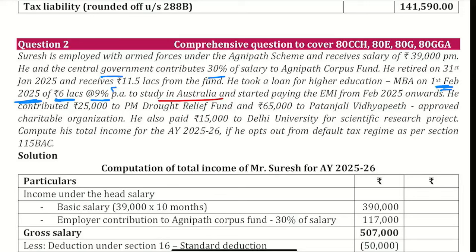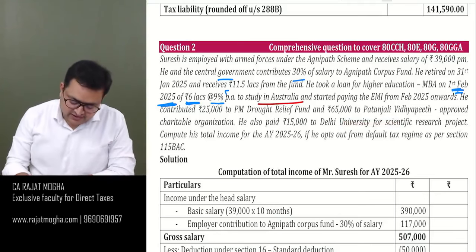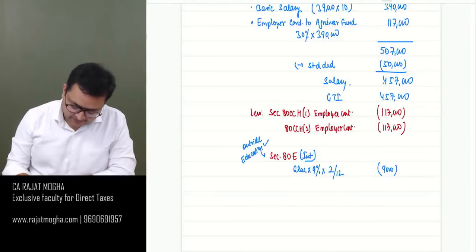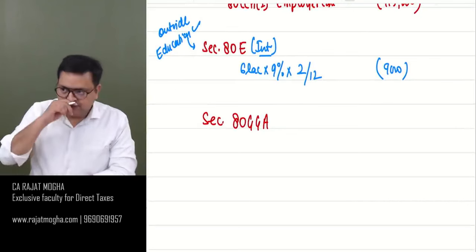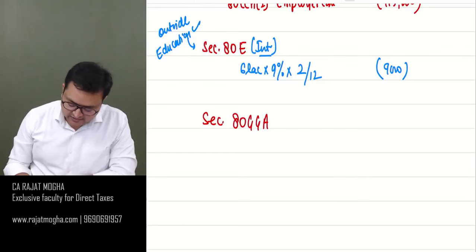Correct? So 80GGA, he will get it because he is following the optional regime and he does not have PGBP income. So let us give this deduction first. Section 80GGA, and how much has he contributed? 15,000 rupees. Under Section 80GGA he gets 100% of the amount donated.